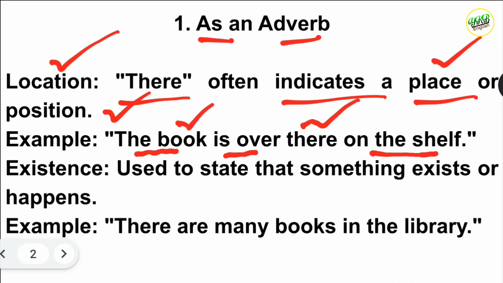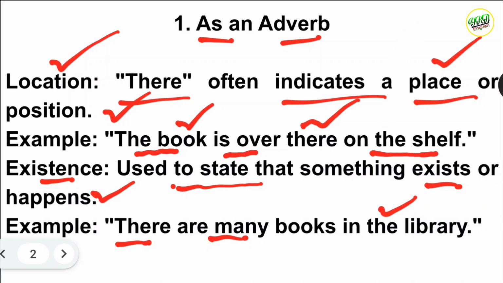Next, existence: used to state that something exists or happens. Then we will use "there", like there are many books in the library.